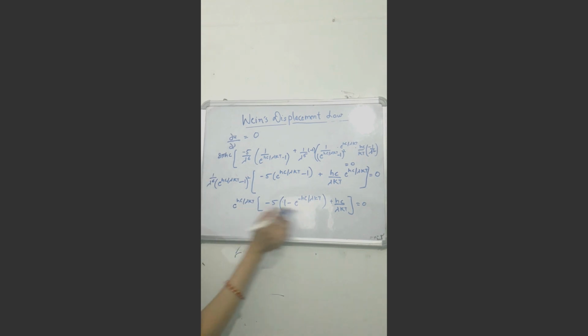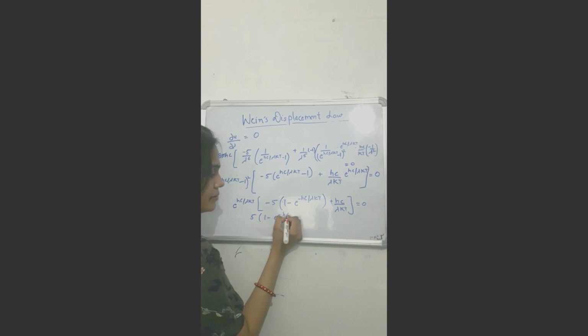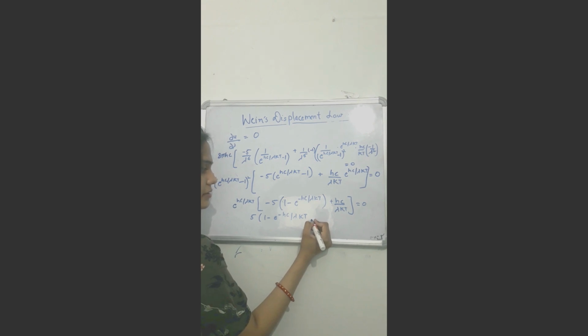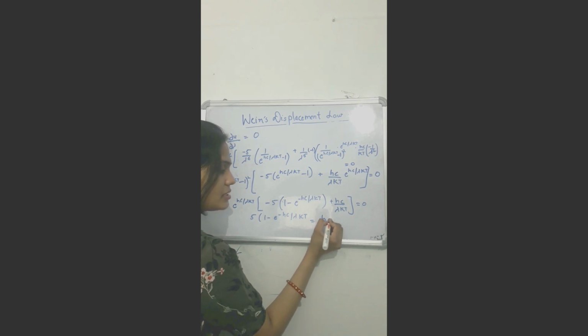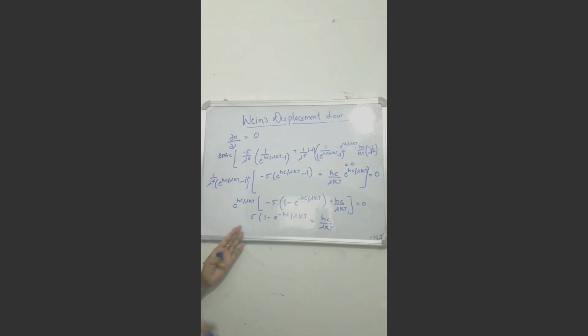So we get this equation as 5(1 − e^(−hc/λkT)) = hc/λkT. Now we can solve this equation numerically or graphically.